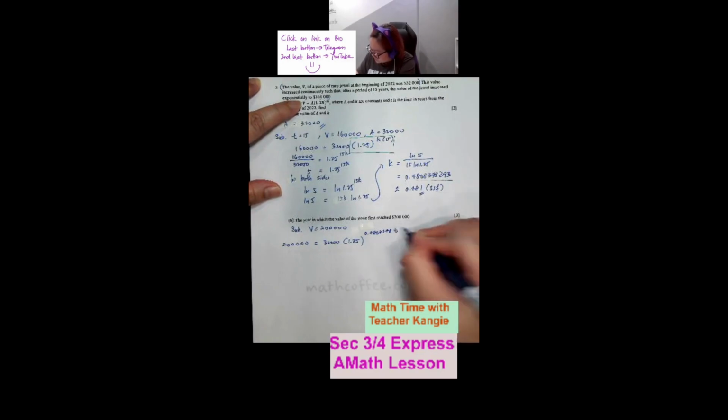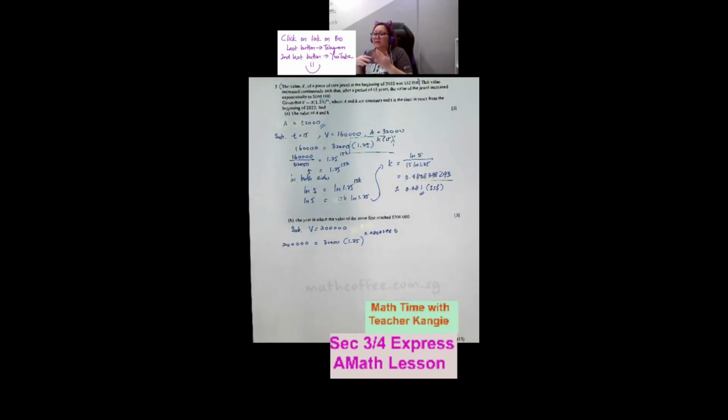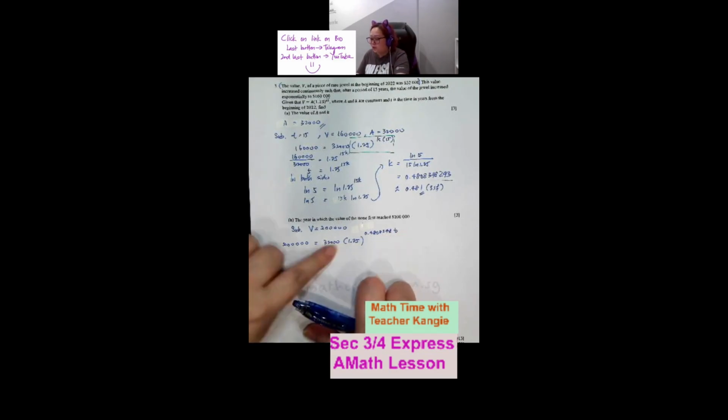Then after that with the T. It's using the same formula, and because your A is constant, it's fixed at 32,000. Your K is also a constant, therefore it's also fixed at this digit. The only unknown here is the T. We're going to ln both sides again, but before we do that, we bring the 32,000 to the other side first.